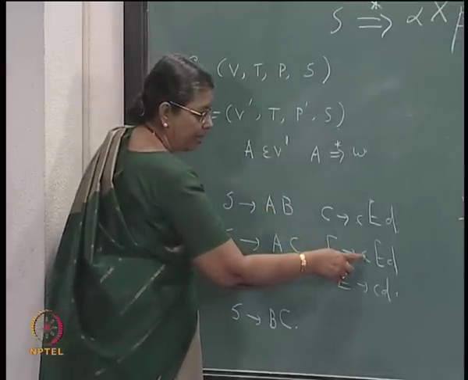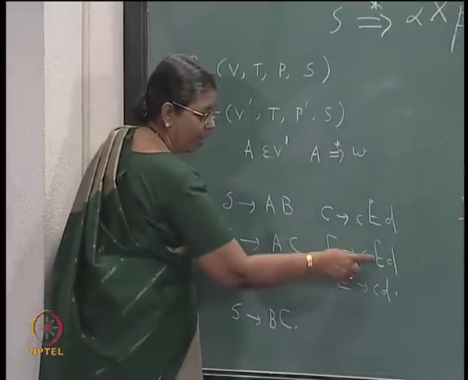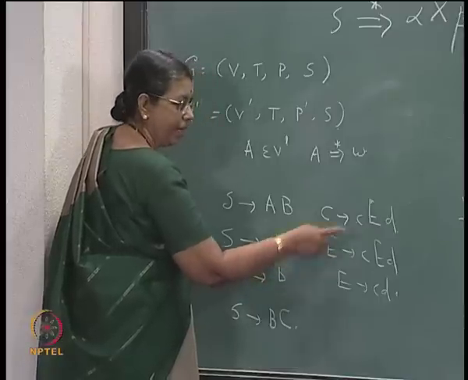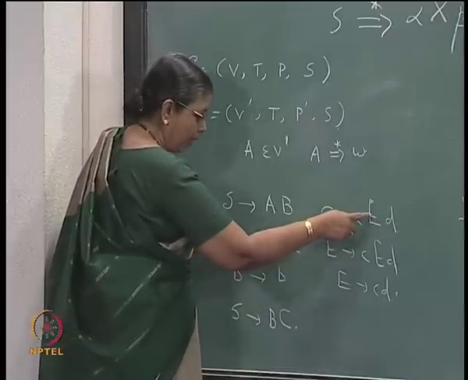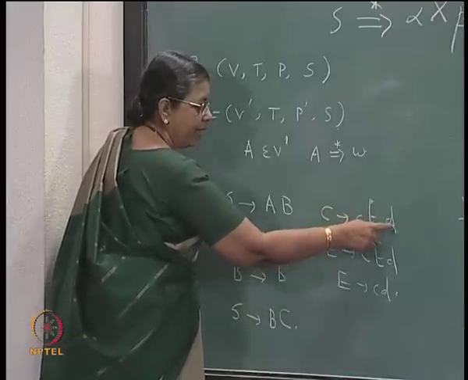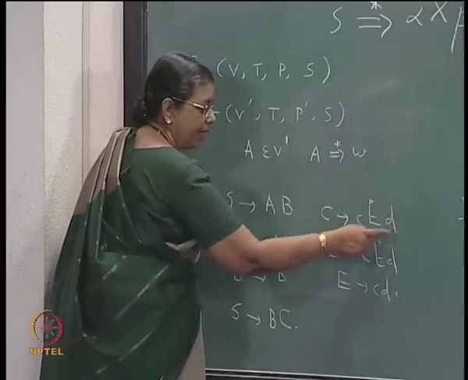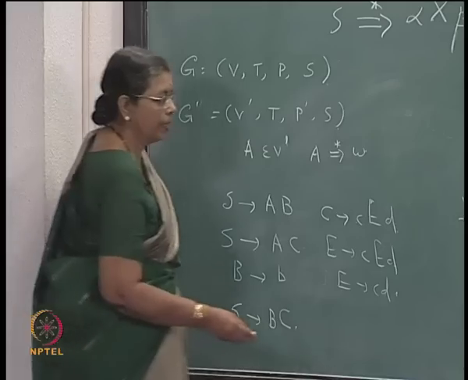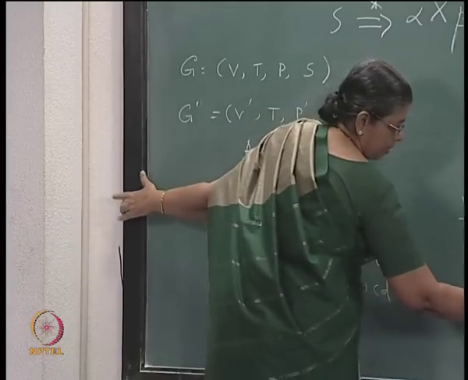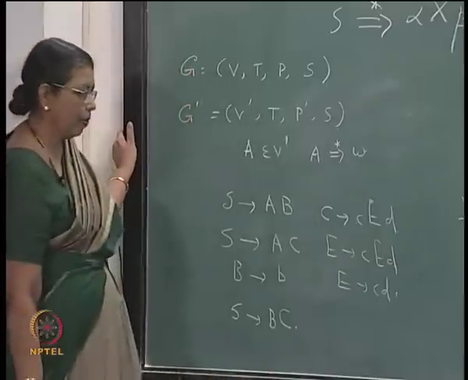So, here look at this, it has terminals and E alone, E is on the left hand side, but E is already there. Here look at the rules C, E, D: E is already there, C and D are terminal symbols. So, include C here. So, the next step C will be included.